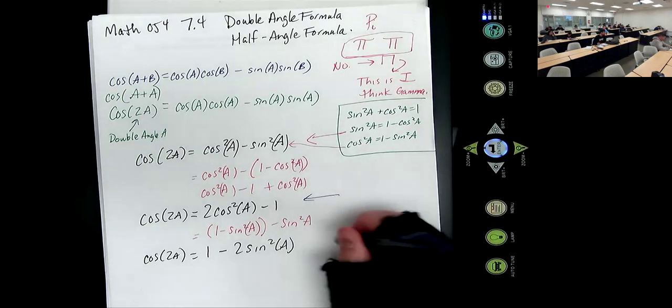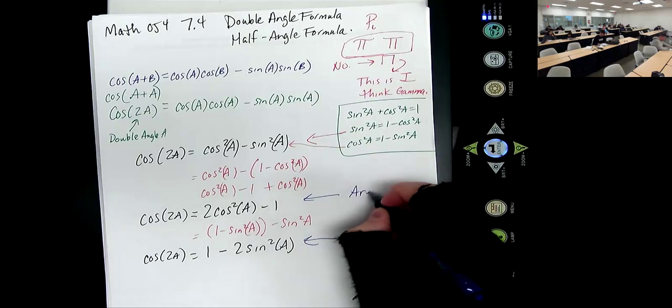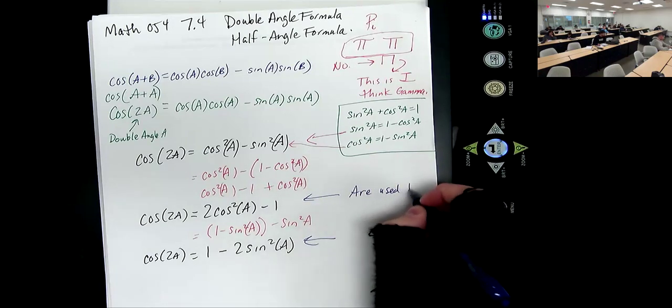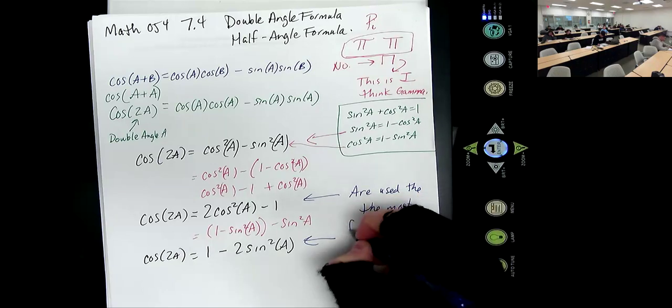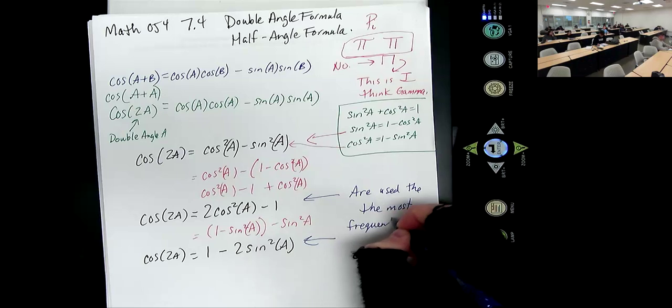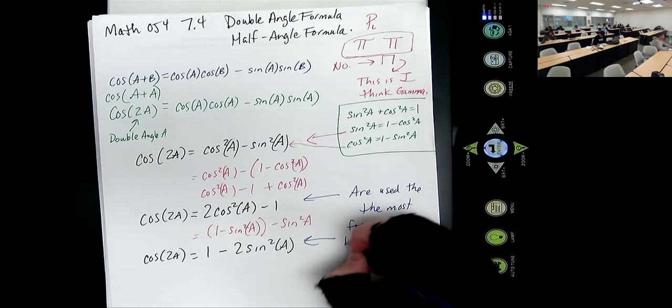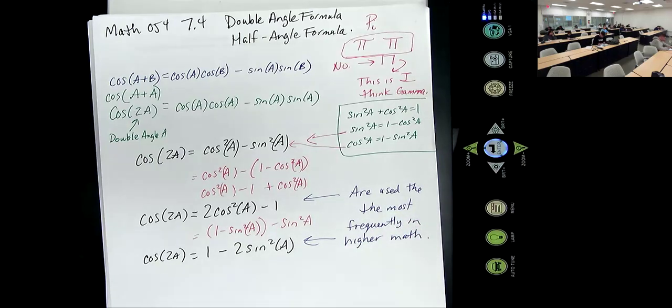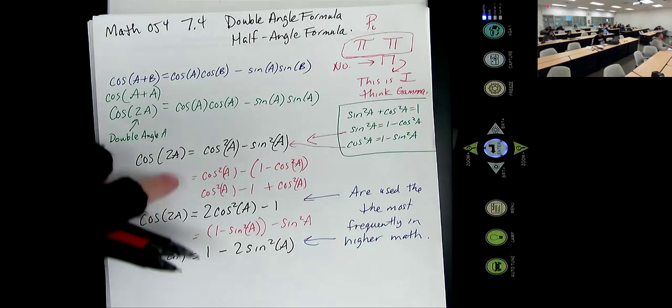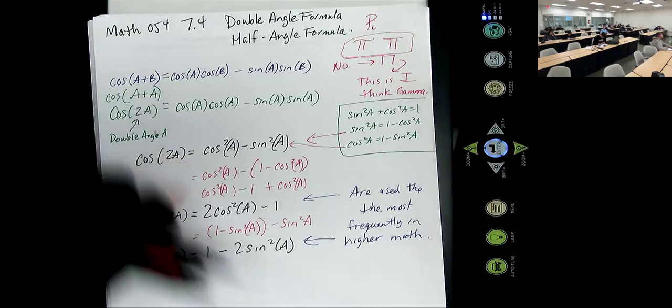And these two are used the most frequently in higher mathematics. We can switch from a double angle down to a regular single angle, and we've only got one trig function, not two.